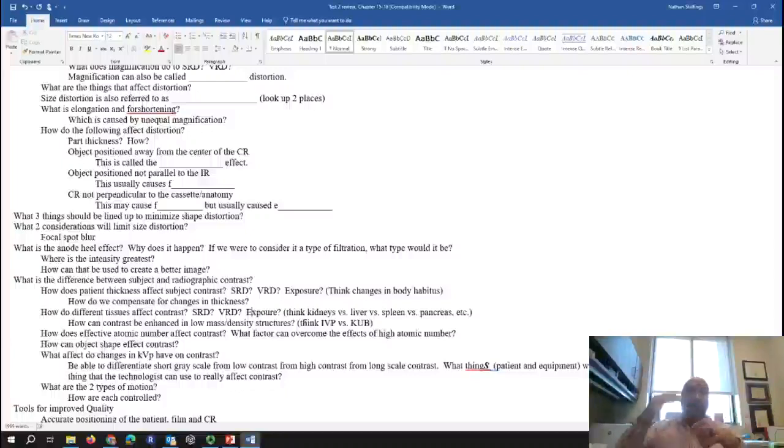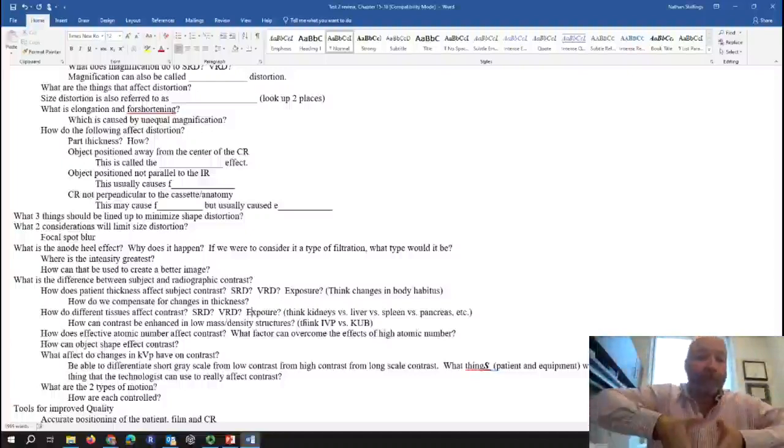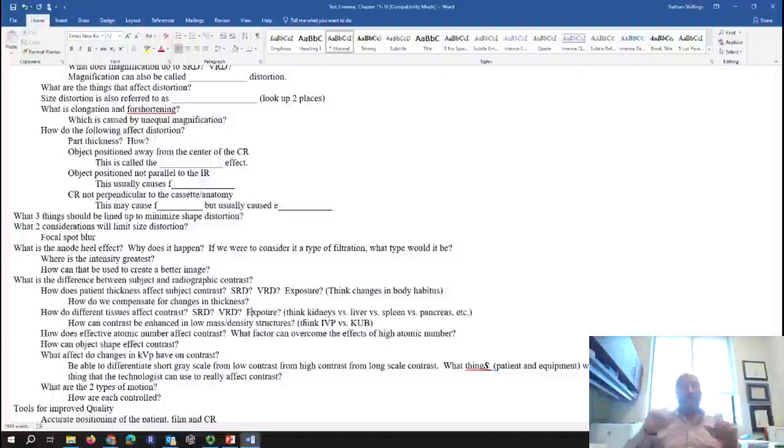If we have a bony structure that is pyramidal in shape and it follows the divergence of the central ray, then the widest portion of the anatomy is going to be closest to the image receptor, and we're going to have less blur. But if the widest portion is furthest away from the image receptor, we're going to have increased blur on the sides, and that's going to give us the appearance of a loss of contrast.